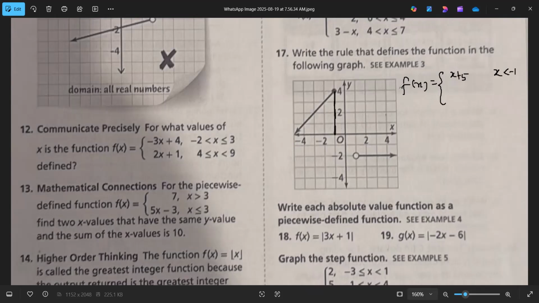And here is a dark circle, so you can write here x greater than or equal to. Understood? Now see, this is y equal to minus 2. It is minus 2 when there is an open circle. Open circle means from x equal to 1, for x greater than 1. That's it. This is the rule for this graph.